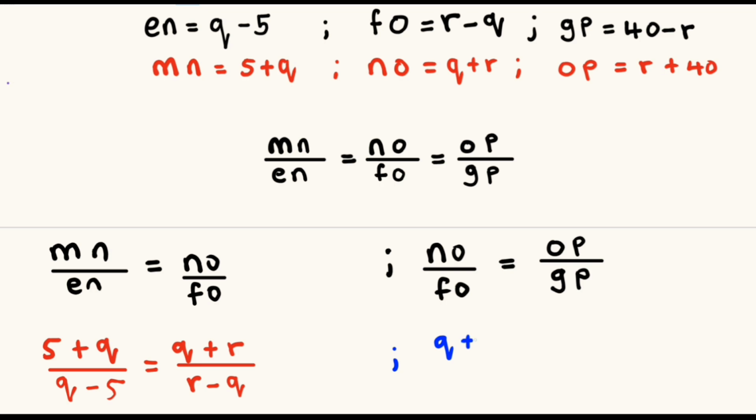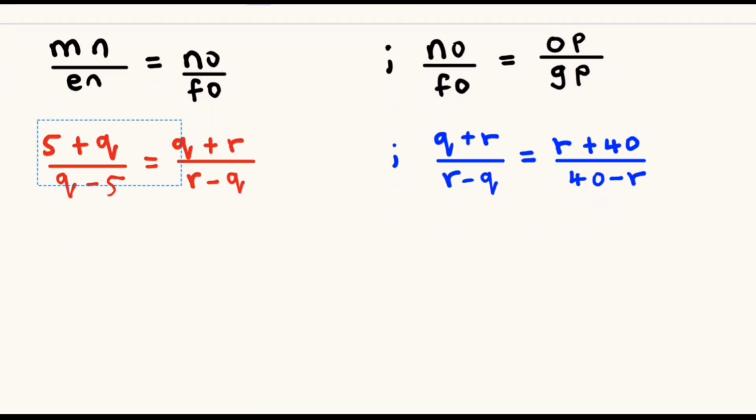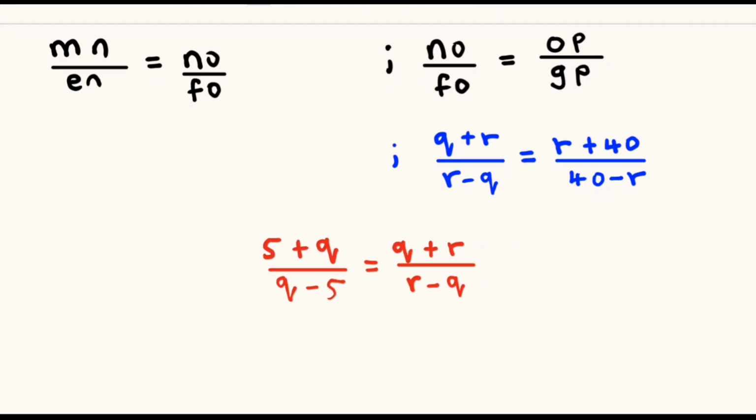So on this side we have NO, the q plus r, divided by FO, the r minus q, equal to OP, which is equal to r plus 40, divided by GP, which is equal to 40 minus r. Let's focus on this equation for now.